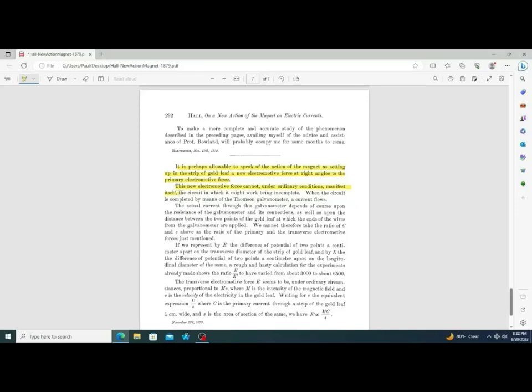You don't see it, the current in which it might work being incomplete. But when he put in a Thomson galvanometer, a current flows, and he saw that. And the other thing that's useful here is that the stronger the magnet, the more of this right angle electromotive force you see, and the weaker the magnet, or the further away the magnet is, the weaker it is.